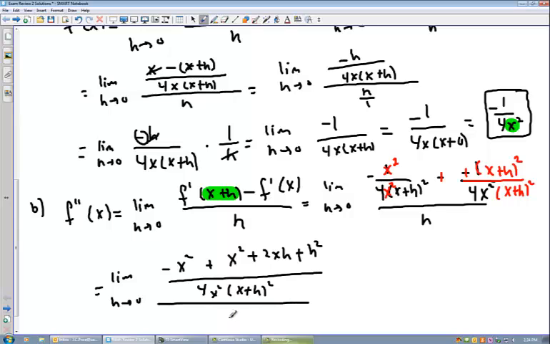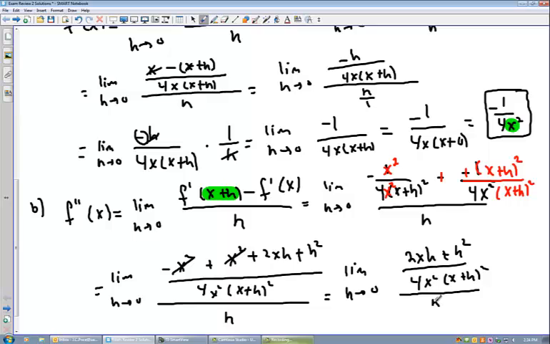And then that's all divided by h. And so that's equal to, cancel, cancel. And so I have the limit as h goes to 0 of 2xh plus h squared divided by 4x squared times x plus h quantity squared, all divided by h.